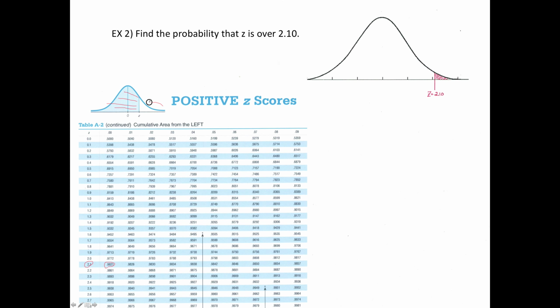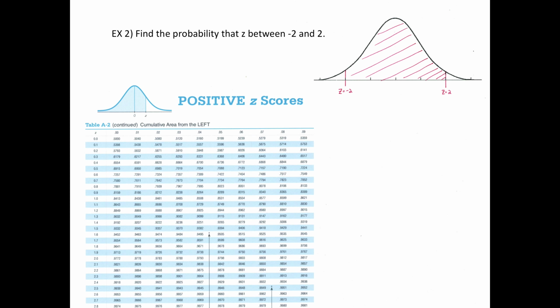We actually want the area on the other side. Since the total is 100%, this side is equal to 1 minus the shaded area. So 1 minus 0.9821 leaves 0.0179, a very small answer. Like I said, this is a small area, so this small answer seems good.